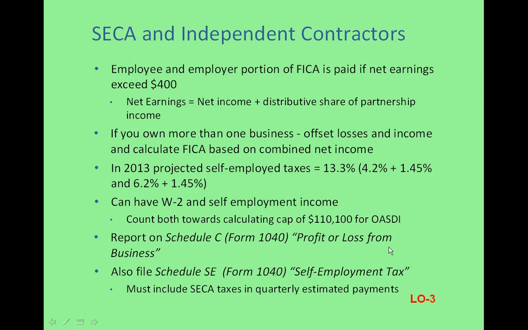And you must include self-employment tax when you make quarterly estimated tax payments. So the law in 1943 that required the federal income tax to be withheld from individuals' payroll also said the self-employed will make, and corporations and everyone else subject to income tax, will make quarterly estimated tax payments.